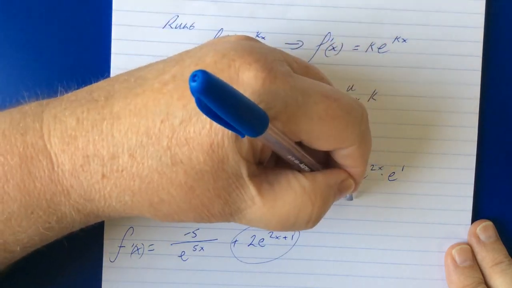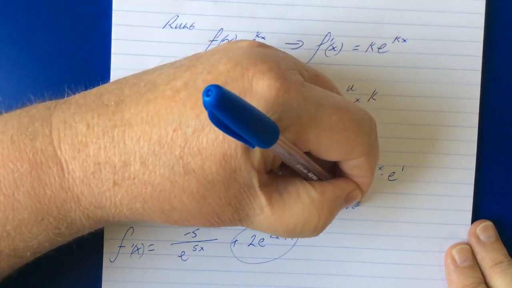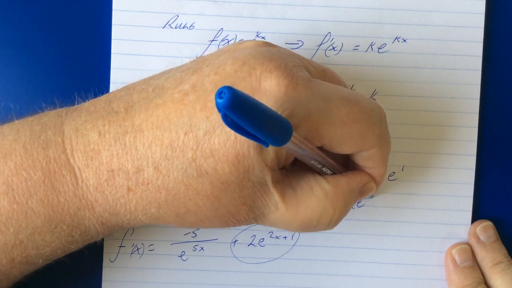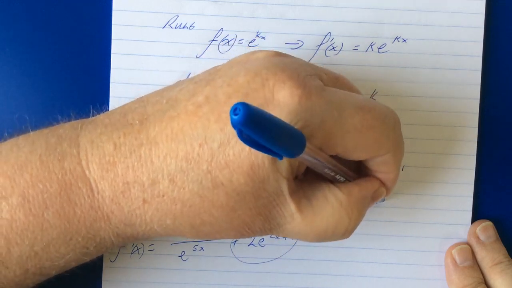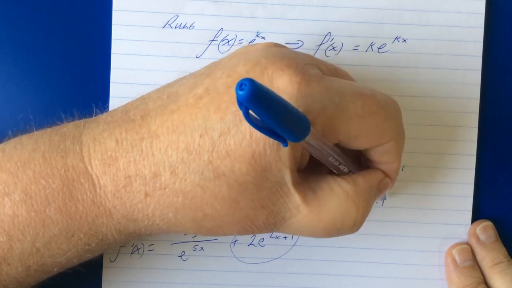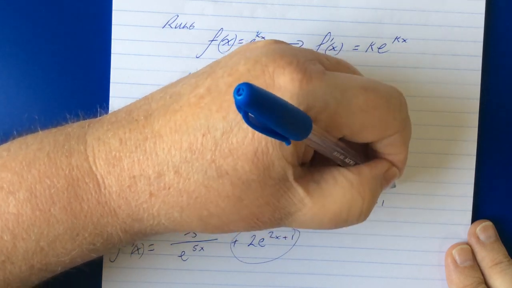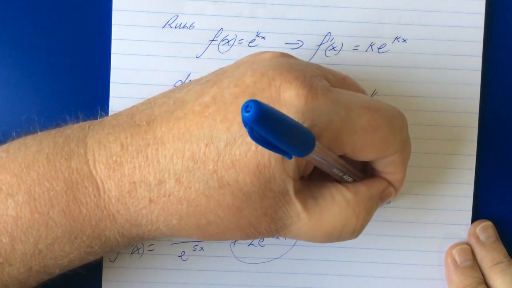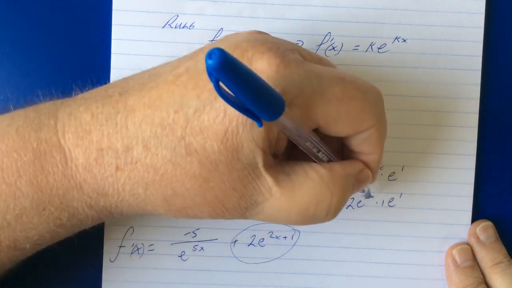So if we do that, what we get is 2e to the 2x times 1e, that's k, we bring k down here, that's the constant, e to the 1.